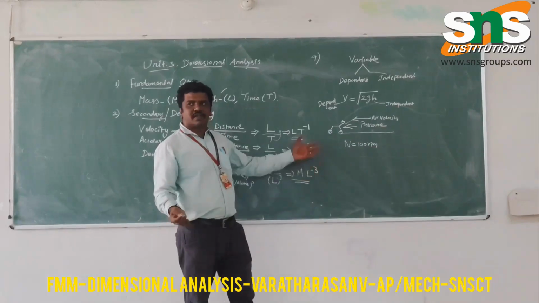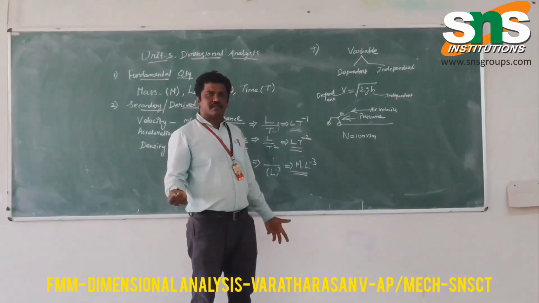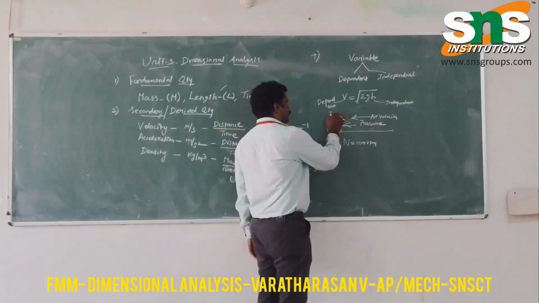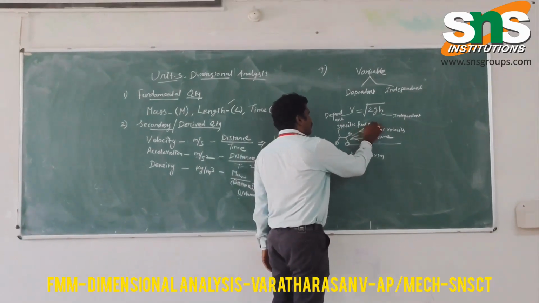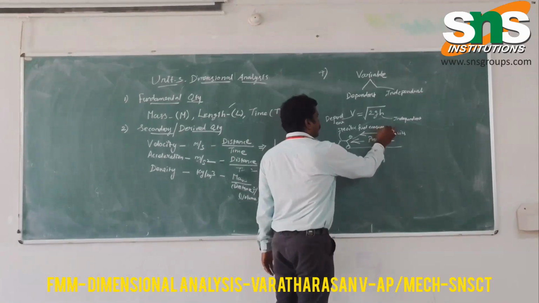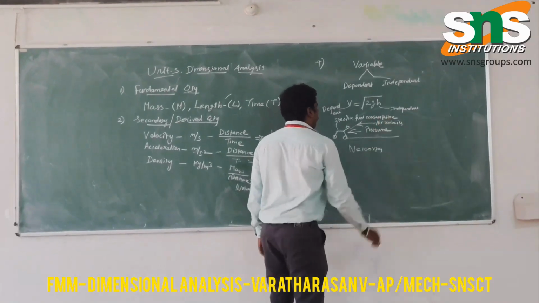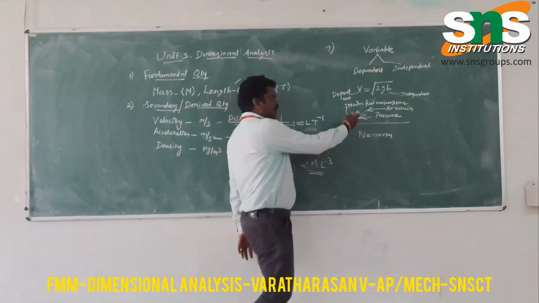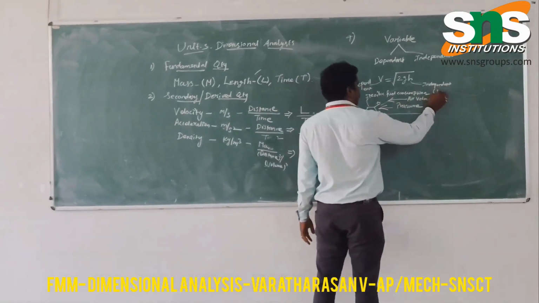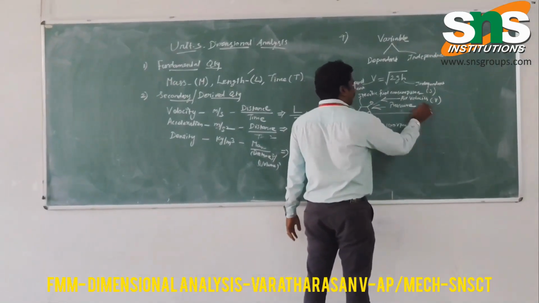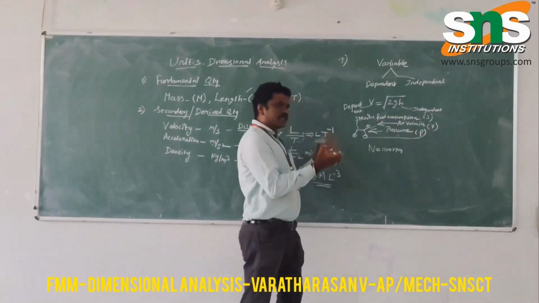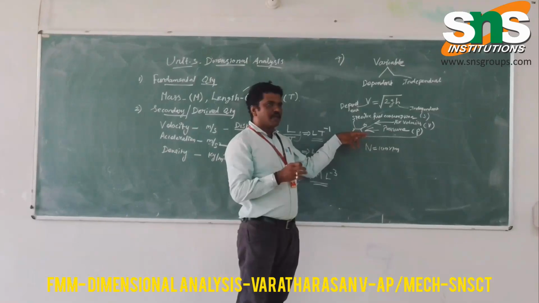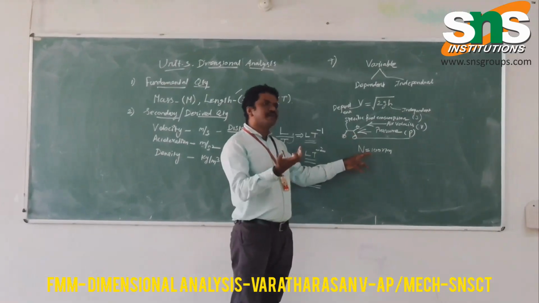And another factor is specific fuel consumption of the particular vehicle. So these are all the factors: specific fuel consumption, velocity v, pressure p. These all affect the vehicle in obtaining the 100 rpm speed.